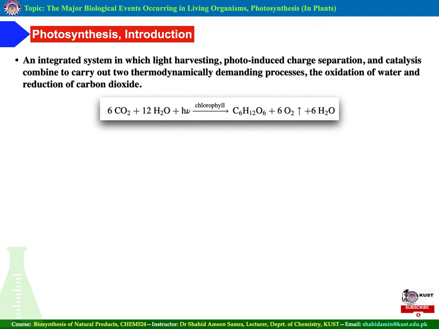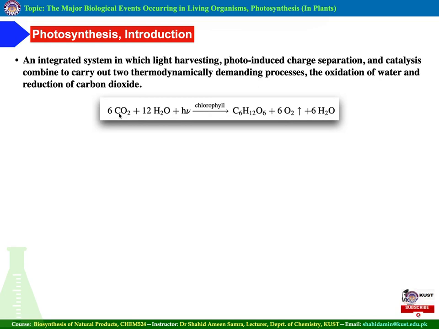So this whole process could be shown chemically as carbon dioxide and water molecules combining together in the presence of light absorbed by the light absorbing molecules. The major one is chlorophyll, and the carbon dioxide and water are converted to a sugar molecule like glucose, along with the evolution of oxygen and a small quantity of water.